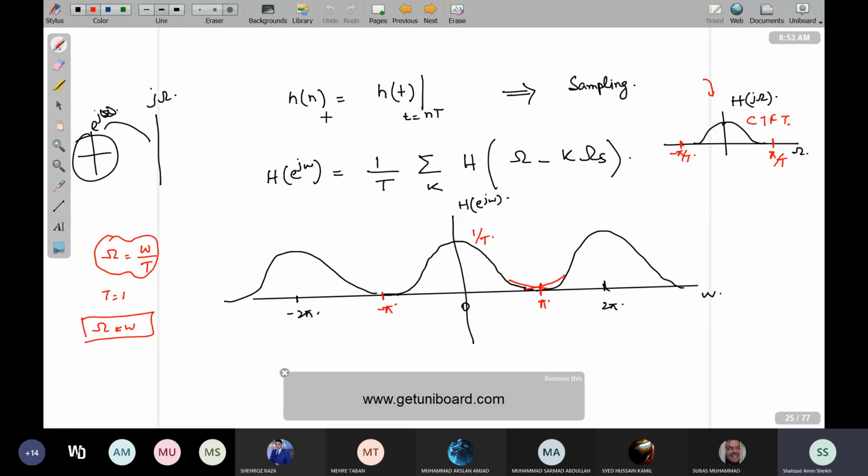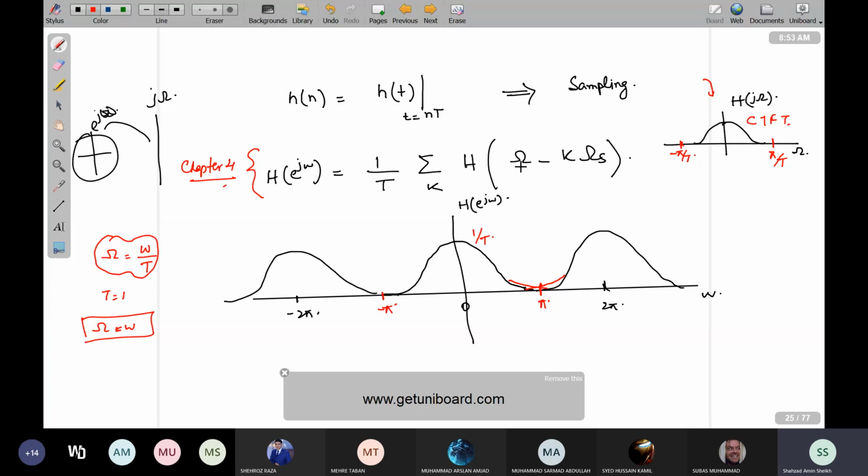So what we are doing, we have obtained h of n from h of t, and that's the sampling procedure. This is an equation we obtained in chapter number 4, sampling procedure. I'm just using that equation, which is the final result of frequency domain analysis of the sampling process. It shows that H of exponential j omega is equal to 1 over T summation over k of H of capital Omega minus k omega s.